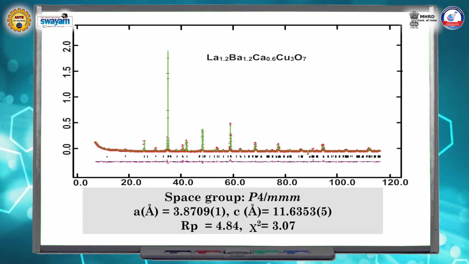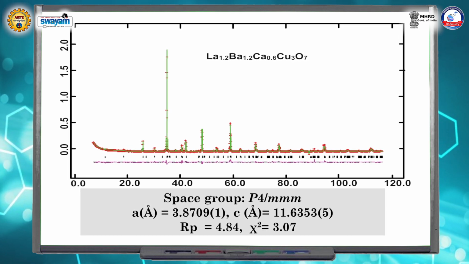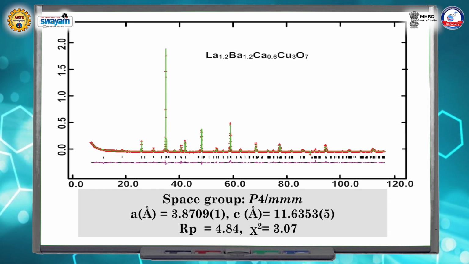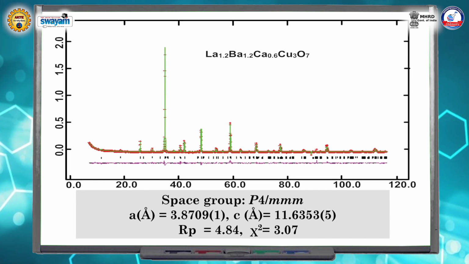So, in this case it looks like a good fit, and you also calculate these numbers which we mentioned earlier, which is the R_p factor. As you see, it is 4.84, which means there is about a 4% error between the measured data and the model data.